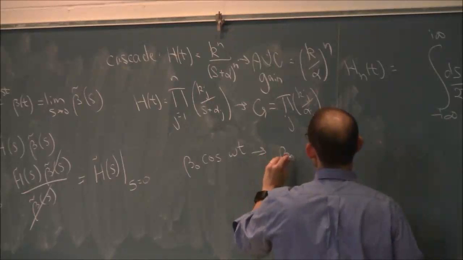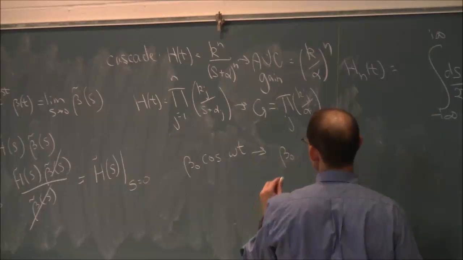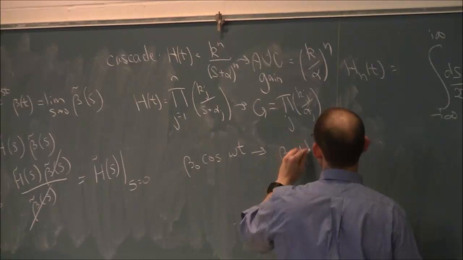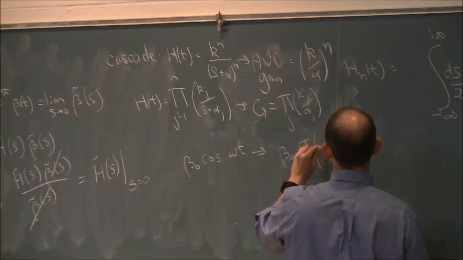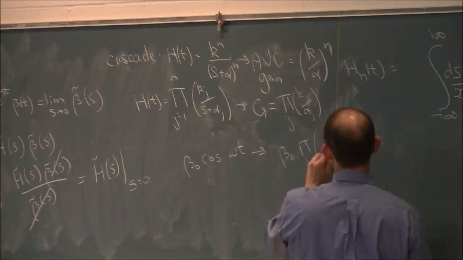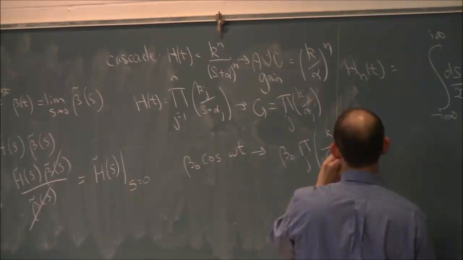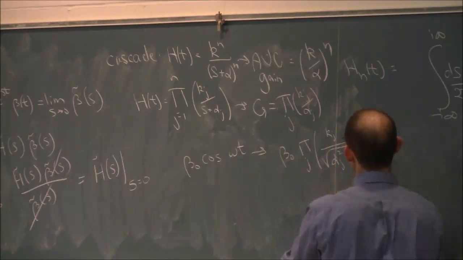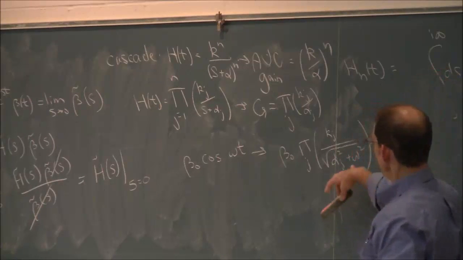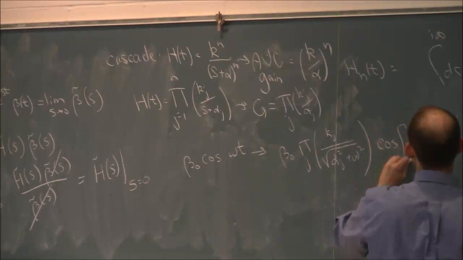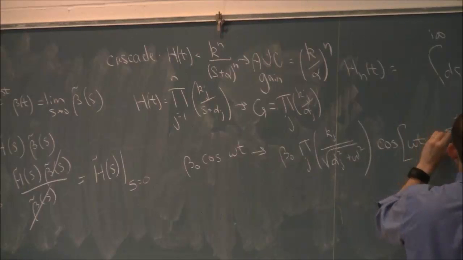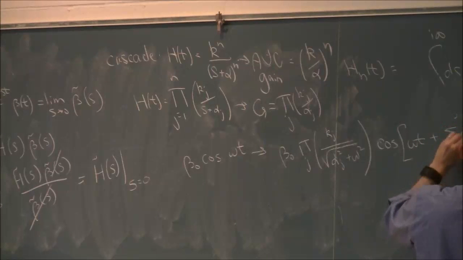It's beta 0 times the product over j of kj over square root of alpha j squared plus omega squared. So the product of all the terms that we had before, one for each level, and then cosine of omega t plus the sum over j of the phase shift for that level. So the phase shifts add and the gains multiply.